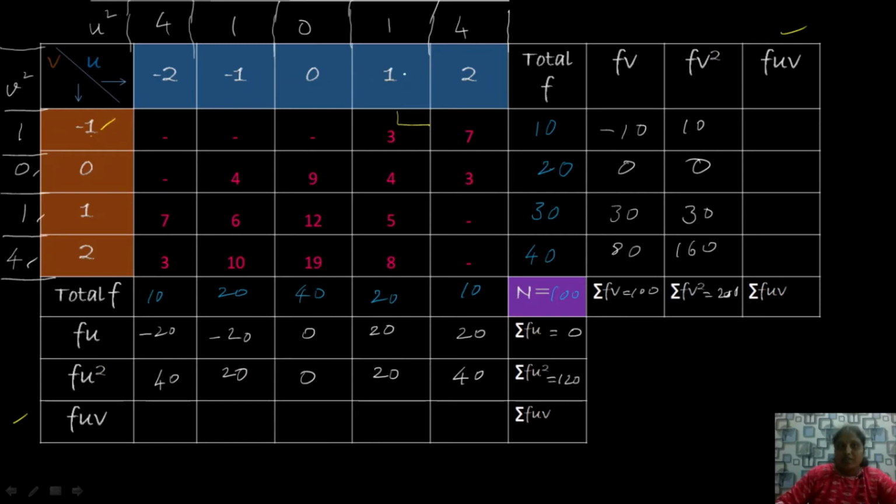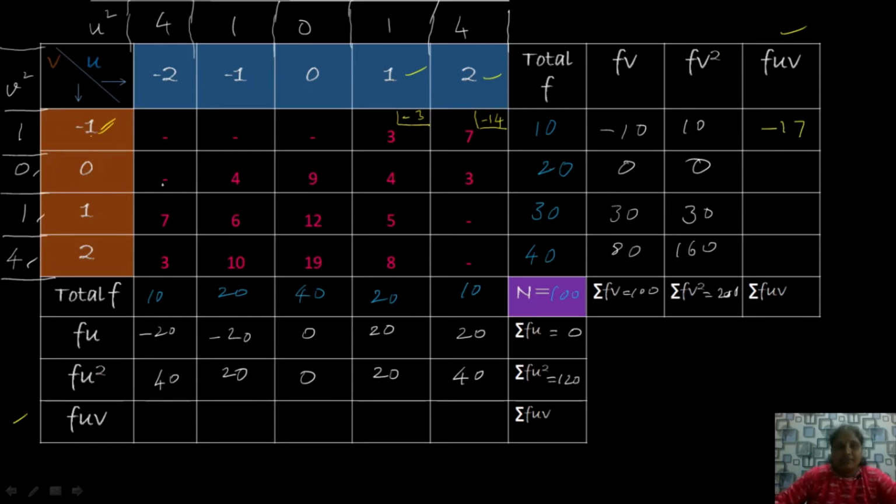So when you multiply 1, minus 1 multiplied by 1 and 3, you get minus 3. And for the next cell, minus 1 into minus 2, multiplied with 7, that is minus 2 7s are minus 14. So adding these two values, you get minus 17.